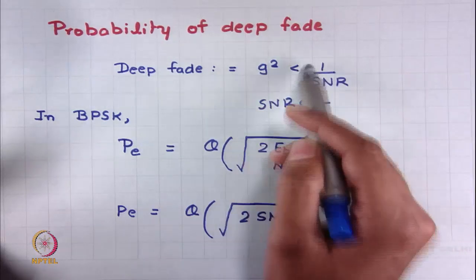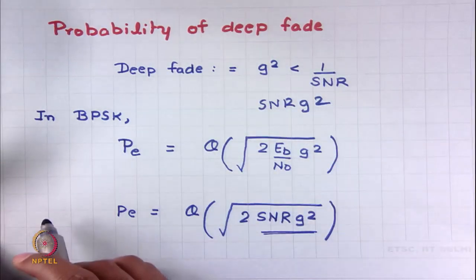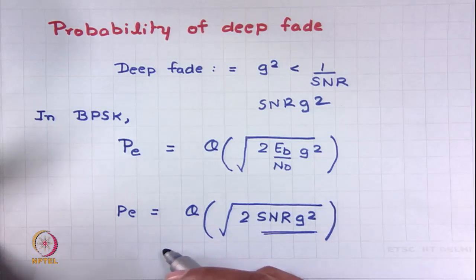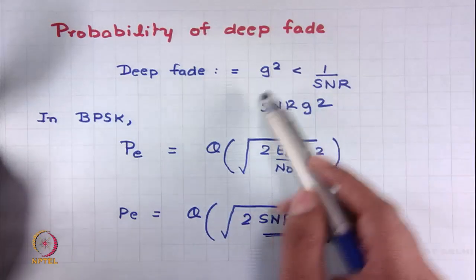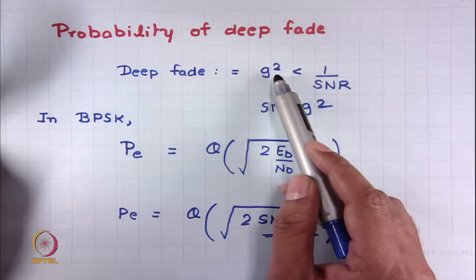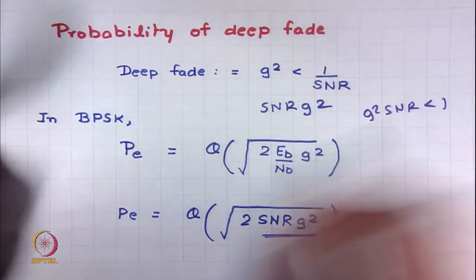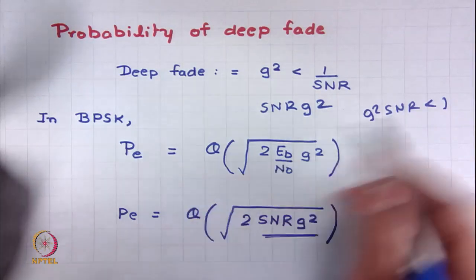Now, when g square is less than 1 by SNR, this quantity will be less than 1, and because this is less than 1, you will have probability of errors, right. So, what we are saying is, if g square is a pretty small number such that g square times SNR is less than 1, we say that the channel is in deep fade, and if the channel is in deep fade, whatever SNR you may have, because of these very small values of g, you are going to have errors.